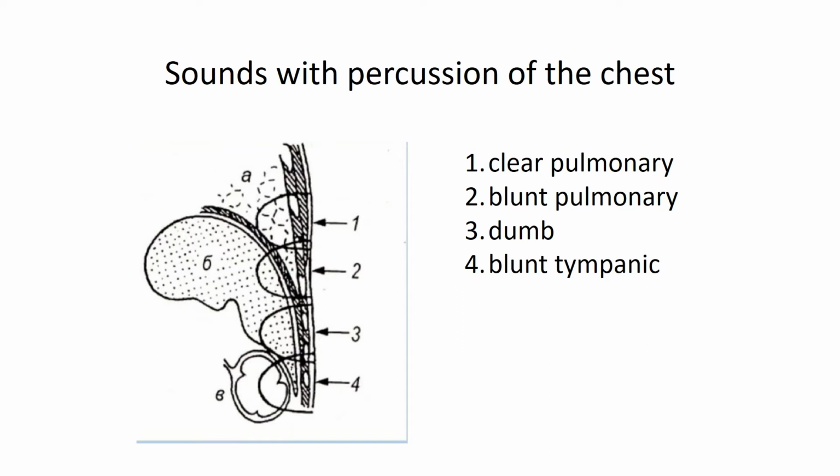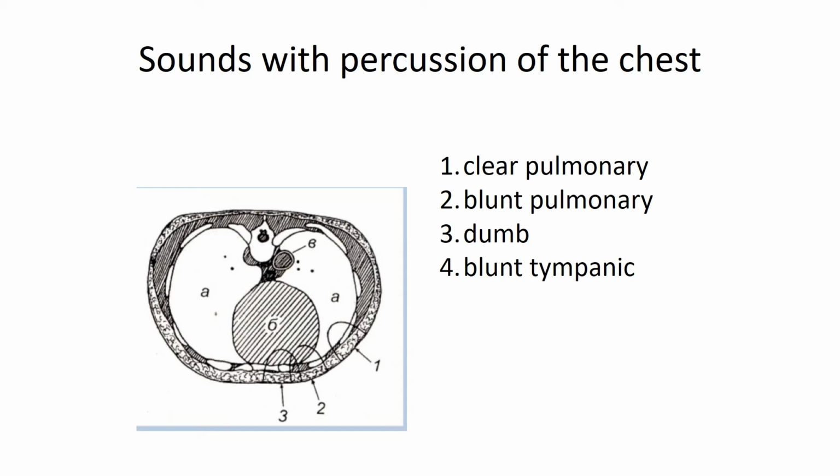So this is a clear pulmonary sound. Second, it's a blunt pulmonary sound: the sound goes through the lung and then reaches the spleen, and since this type of organ is different, the sound will be blunt pulmonary. Number three is dull: this is the liver, the dull sound. And number four is blunt tympanic: a little bit hard, and then the sound goes into the air cavity.